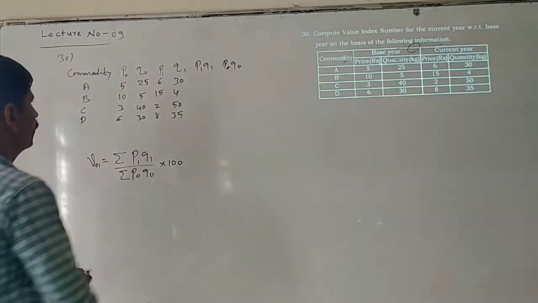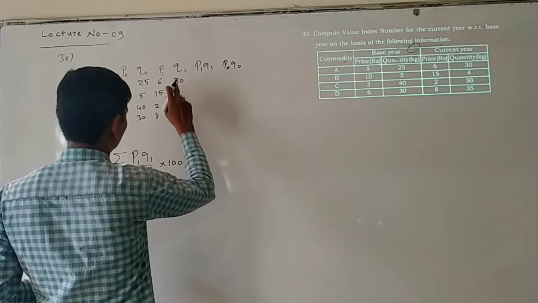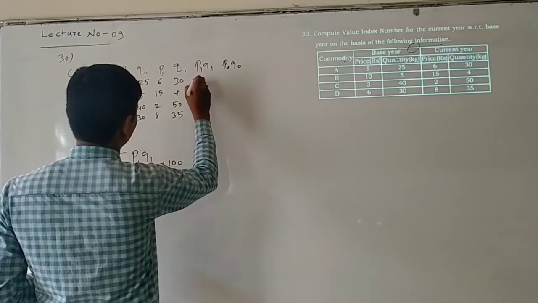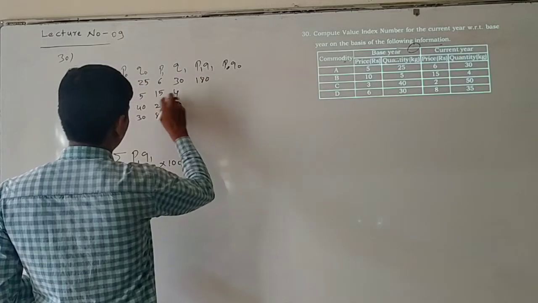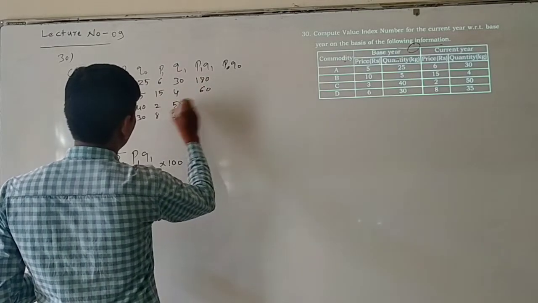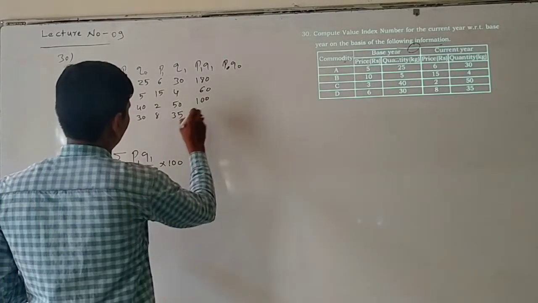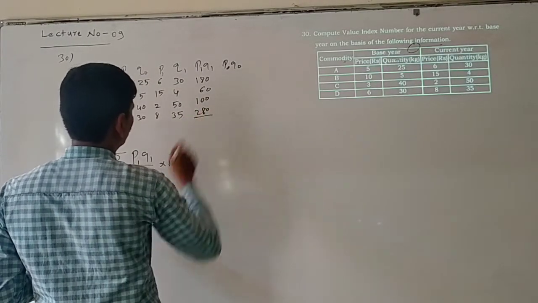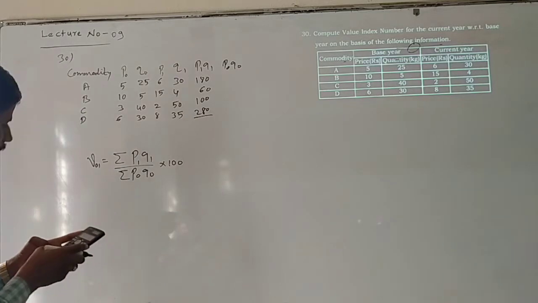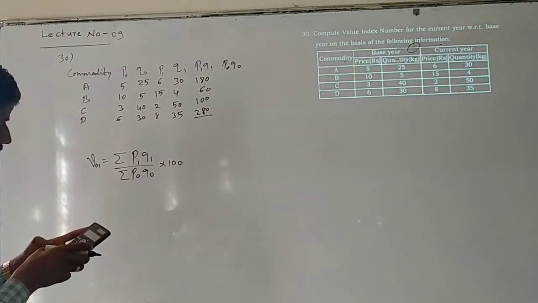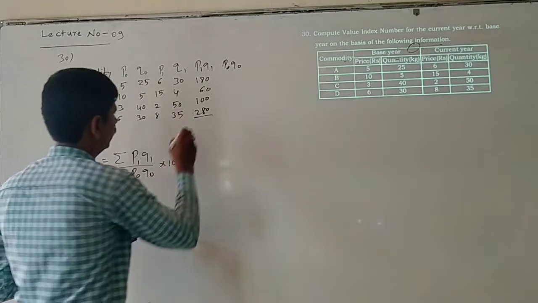First you have to multiply P1 into Q1. 30 into 6, 180. 15 into 4 is 60, 5 into 20 is 100, 35 into 8, 280. Then sum of P1 Q1 is 280 plus 100 plus 60 plus 180 is 620.